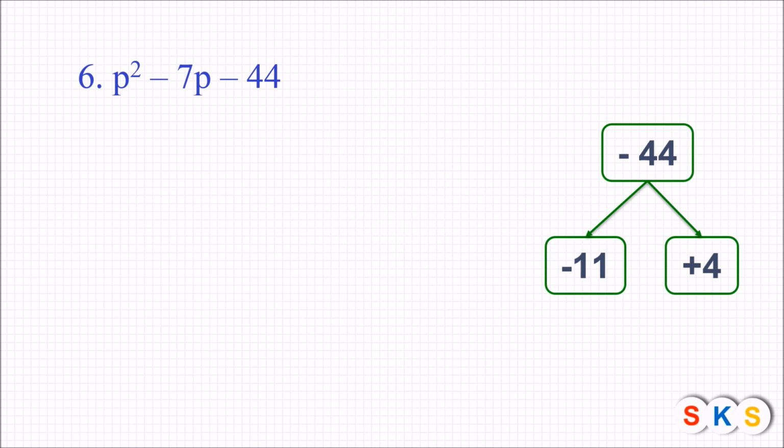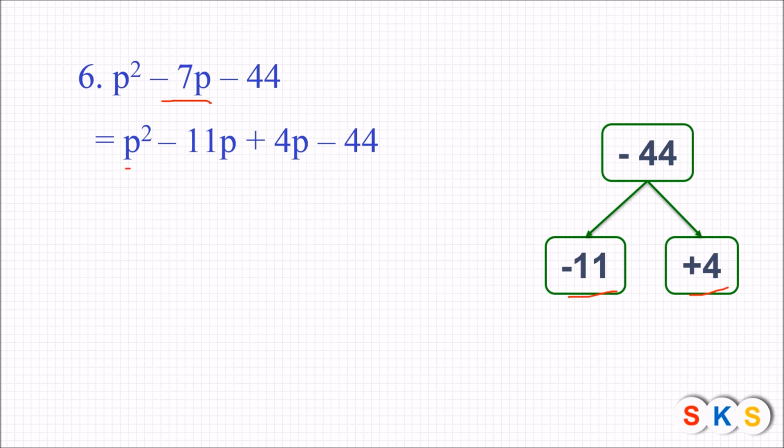So what I'm going to do here, I'm going to split the middle term. The middle term is minus 7p, which I can write as minus 11p plus 4p. Okay, so I split the middle term. After splitting the middle term, we will make a group of the binomial. Correct?